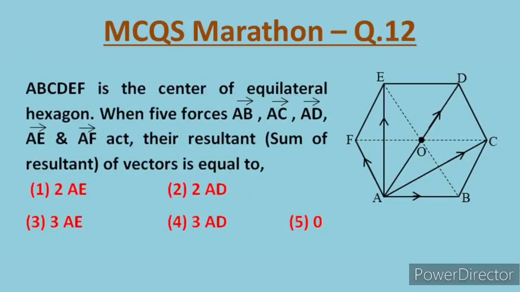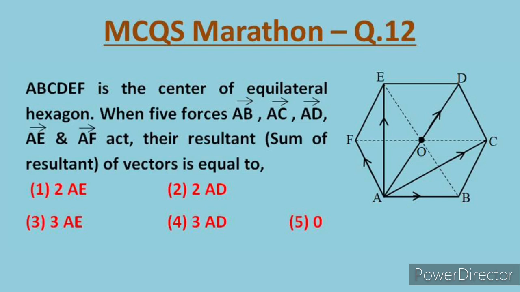And question number 12. A, B, C, D, E, F is the center of an equilateral hexagon. When 5 forces AB, AC, AD, AE and AF act, their resultant, the sum of the vectors, is equal to.